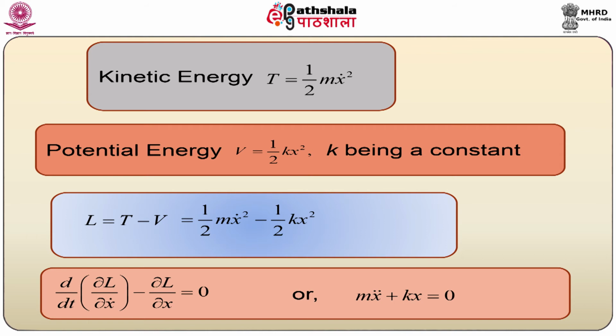This equation can be rewritten as ẍ equal to minus k divided by m into x. Here k is a constant, m is another constant, both are positive. So, we find that the particle executes simple harmonic motion. This is the corresponding Lagrange's equation of motion for a simple harmonic oscillator.